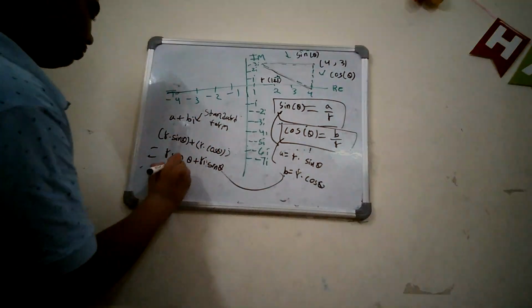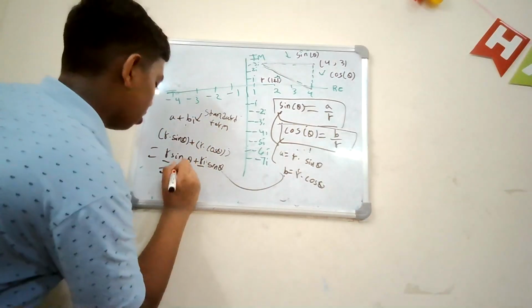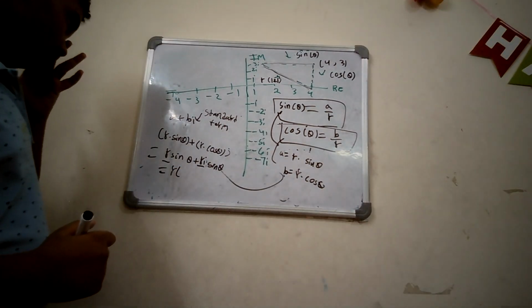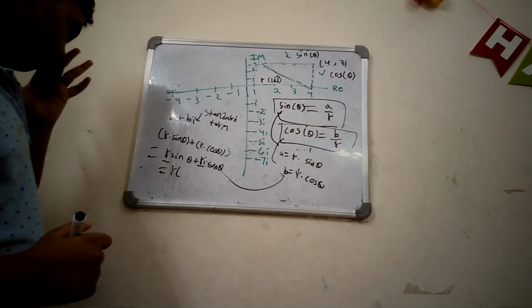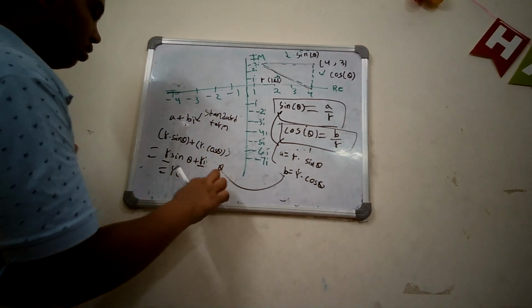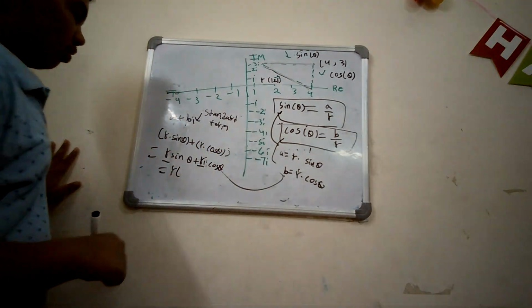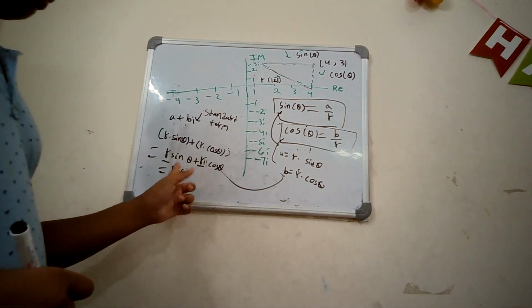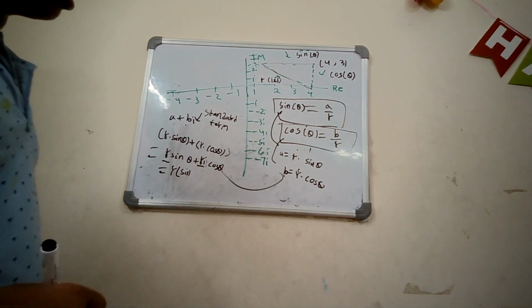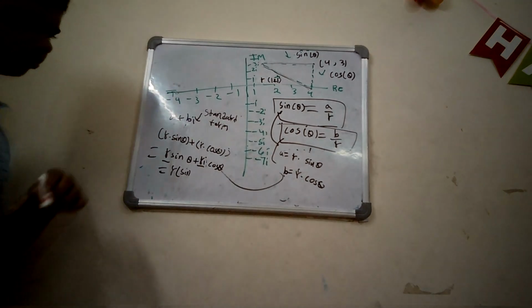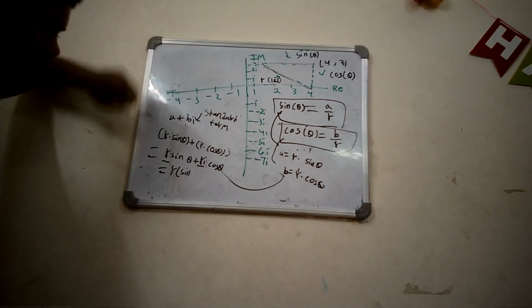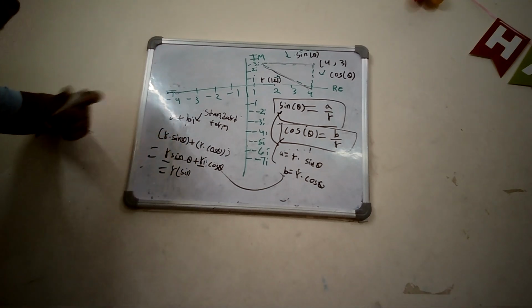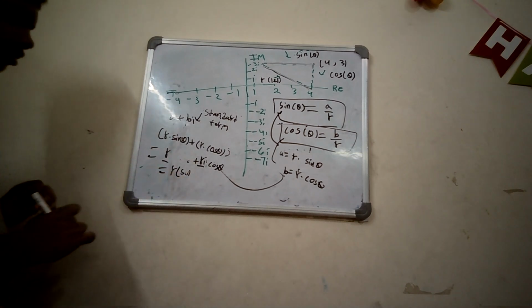Because the i is multiplying, so we can factor the R. Wait, this should be cos.